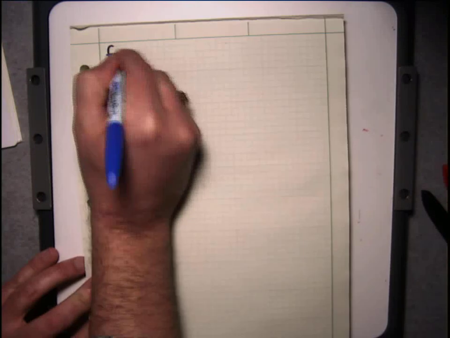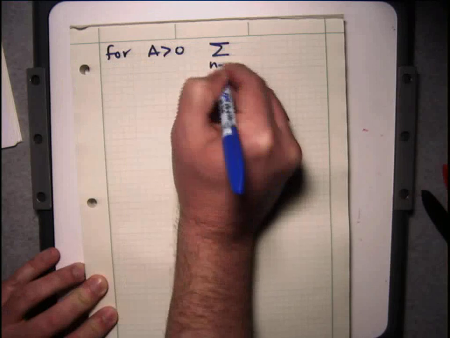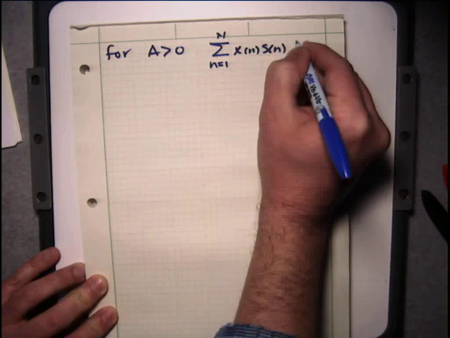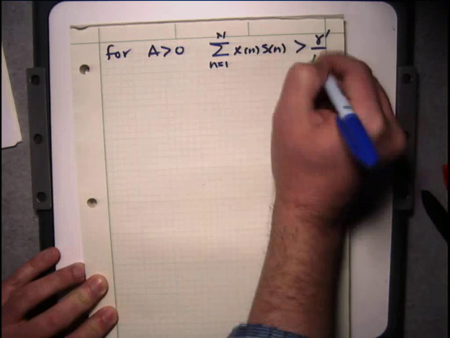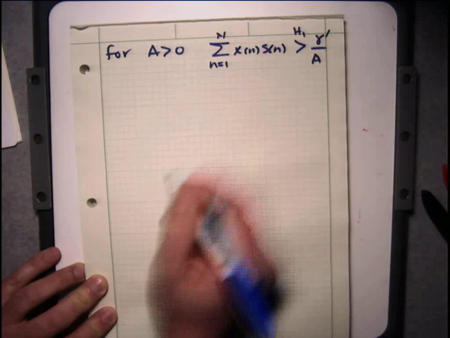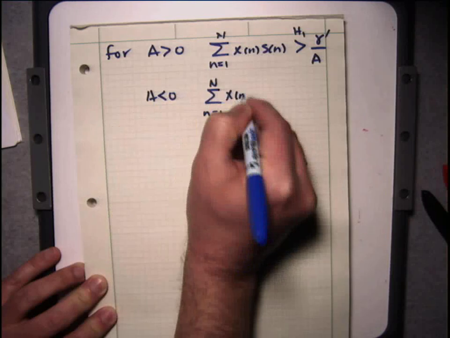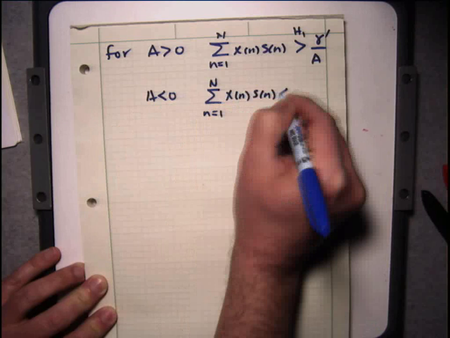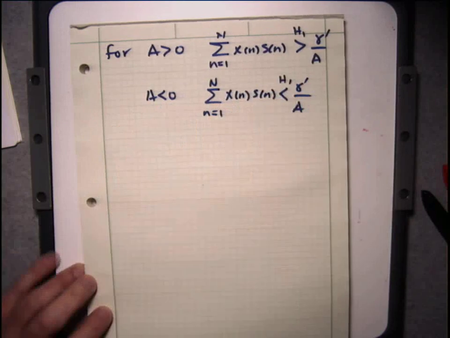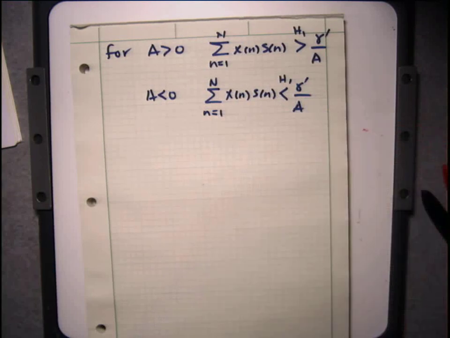For A bigger than 0, the sum from n equals 1 to N of x of n s of n is compared to gamma prime over A, and this would be choosing H1. If A is less than 0, the sum from n equals 1 to N of x of n s of n less than gamma prime over A would be choosing H1. They're quite the opposite in terms of the way you make this comparison.